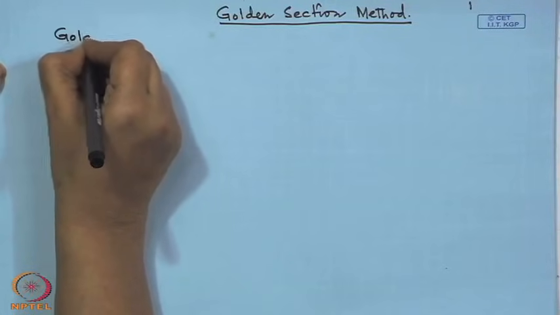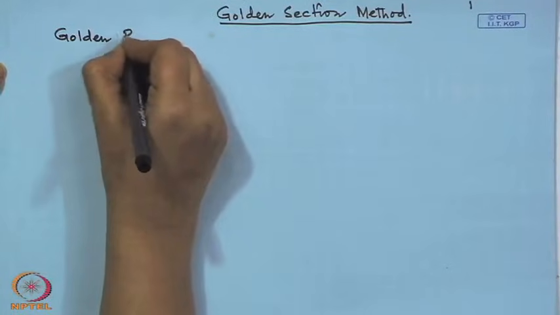Since this is an iterative process, our task is to learn the whole process of iteration, and I will show you stepwise how the process runs from the initial interval of uncertainty to the final interval of uncertainty. But everything depends on one thing, that is called the golden ratio, and by convention we write the golden ratio with gamma.